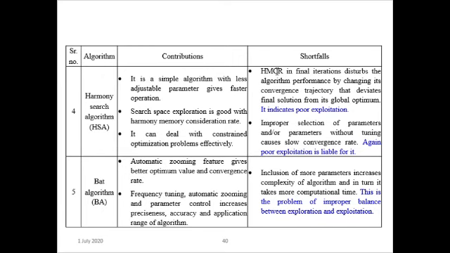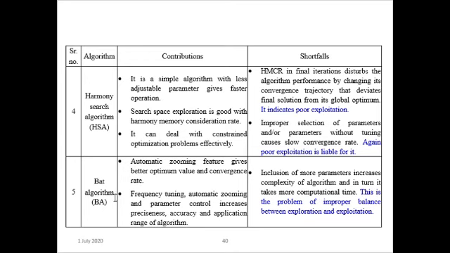But the HMCR, in the final stages of the iterations, may lead to disturbance of the convergence trajectory. That is because of some poor exploitation. Further, the improper selection of the parameters, or parameters without tuning, may lead to a slow convergence rate. Again, this is an indication of poor exploitation.